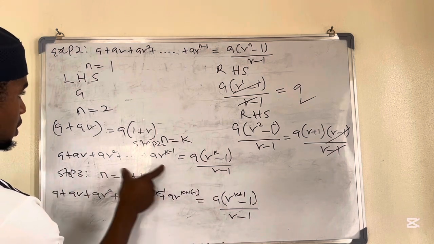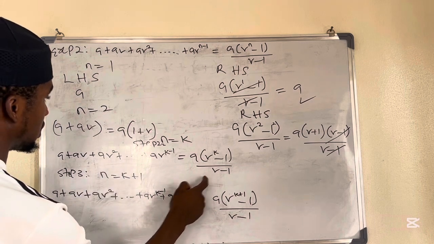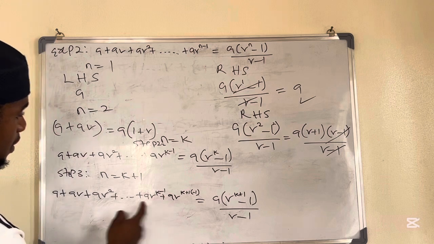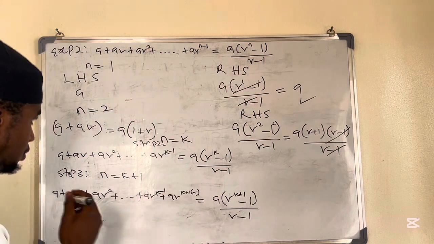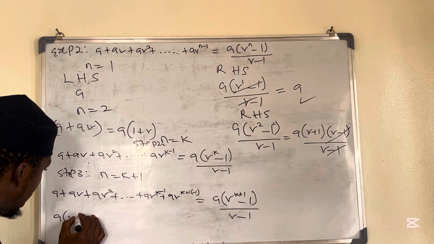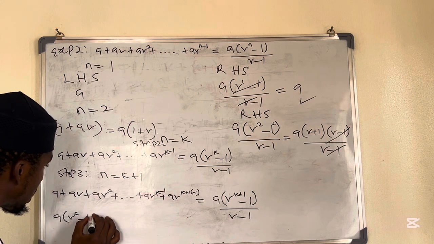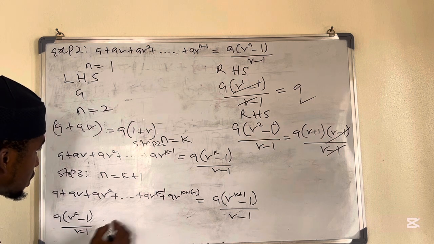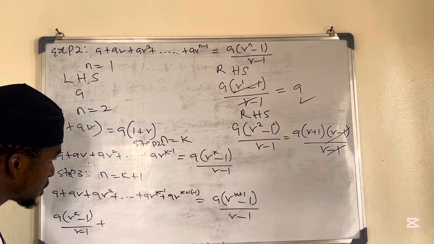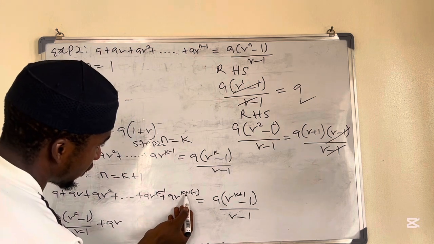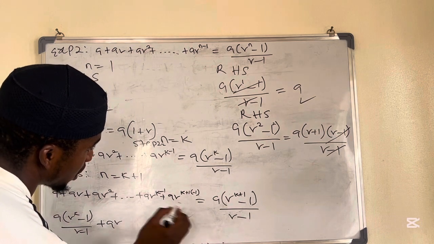We're going to replace the whole of this with this, since the whole of this from here is equal to this. So quickly going to replace that. A into r to the k minus 1 all over r minus 1, then plus, here we have ar to the k plus 1 minus 1, that's 0.